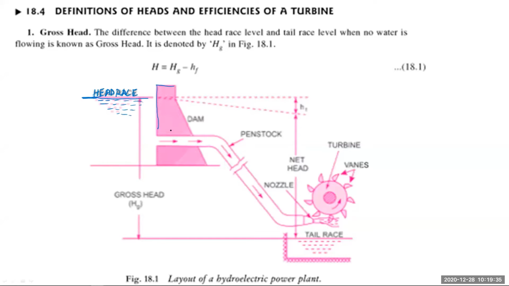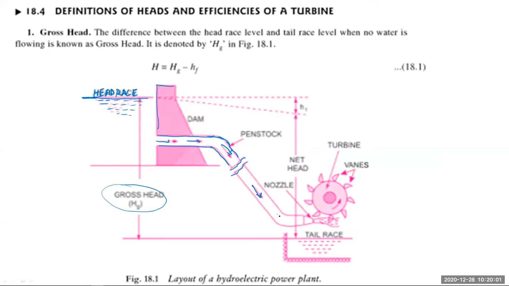And as you can see, a big pipeline of larger diameter, normally constructed with concrete or very strong steel, carries the water. This symbol shows that the pipe may be of very large length, to increase the total gross head.